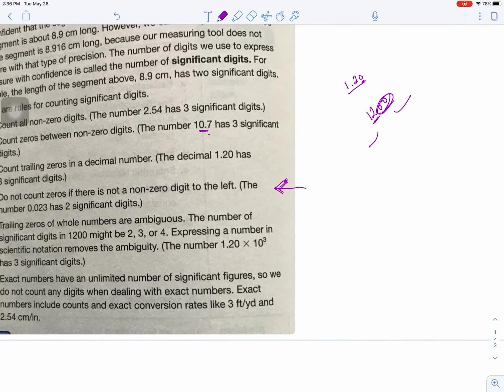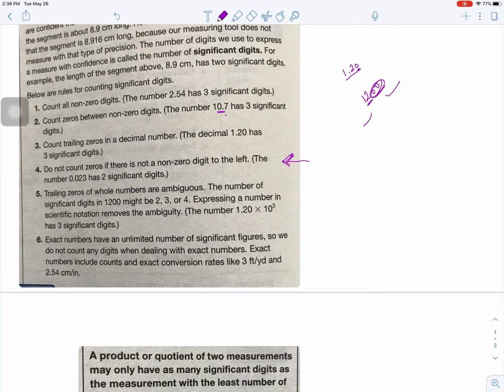That's why they say it's ambiguous. But if you put it in scientific notation, 1.20 times 10 to the power of 3, then you can see that we have 3 significant digits. That they know, for example, that this number is significant. Right? So that helps figure that out.